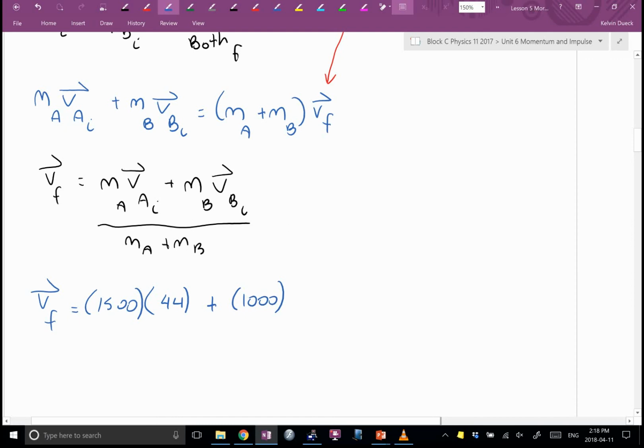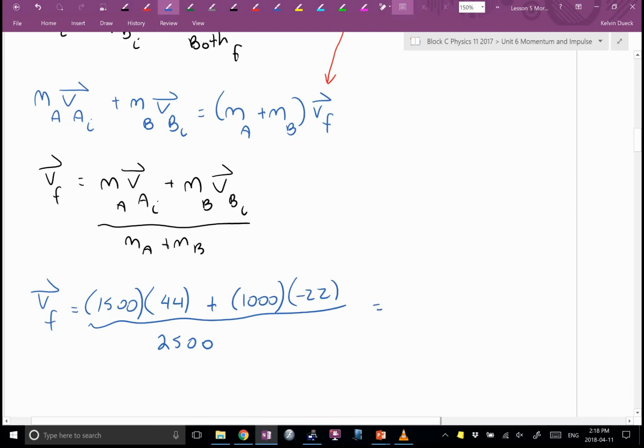What's the velocity of car B? 22 meters per second. What? Negative 22 meters per second. Oh, I was going to freak for a second there. All divided by. Are you okay? Can I add these together in my head? 2,500?